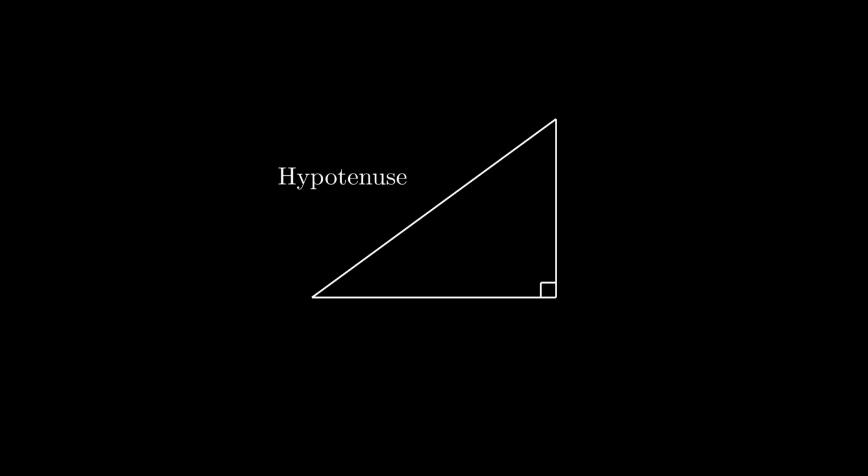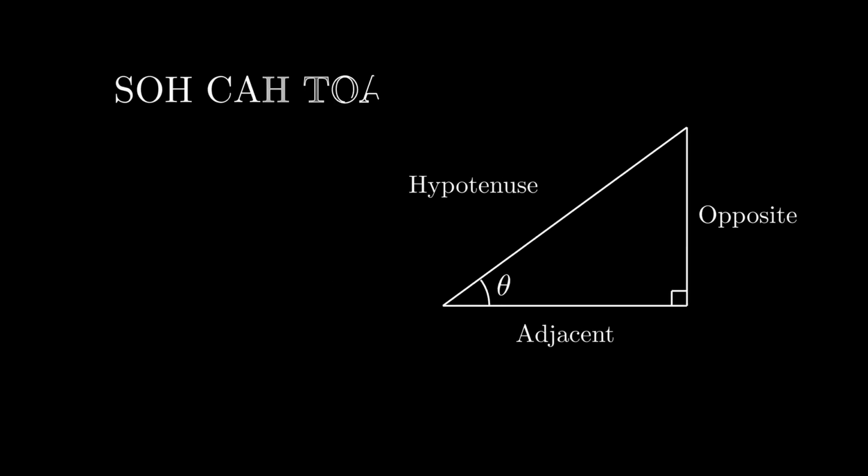But what about the other two sides? If we have a reference angle, like so, we can define the side facing it as the opposite side, because as the name states, it is opposite to the angle. For the other side, we can define it as the adjacent side because it is next to the reference angle. Please note that the opposite and adjacent sides differ depending on the reference angle.